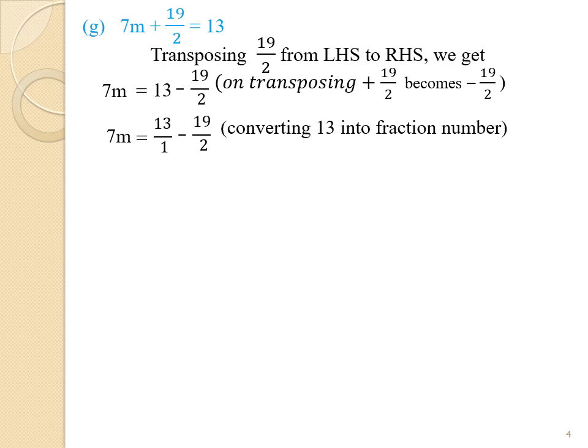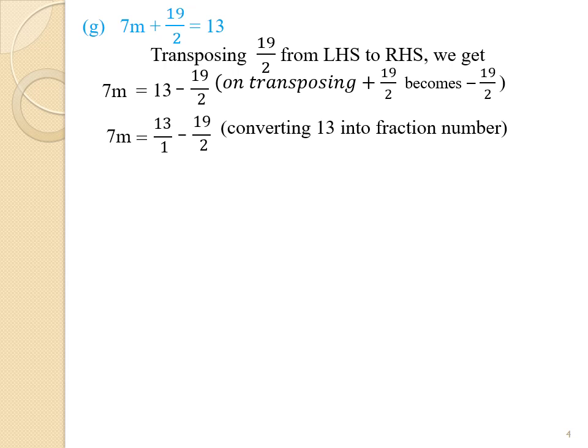Students, now we have to subtract 19 upon 2 from 13 upon 1. But we cannot directly subtract 19 upon 2 from 13 upon 1 as denominators are not same.